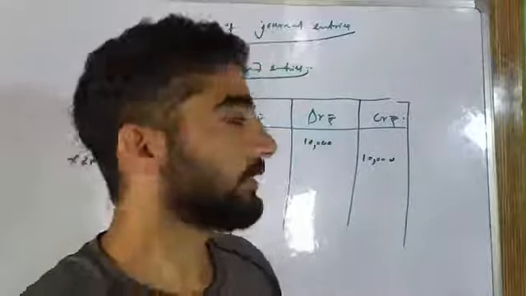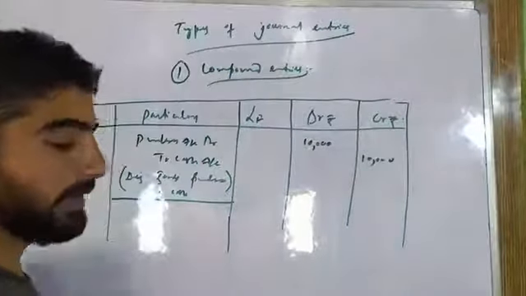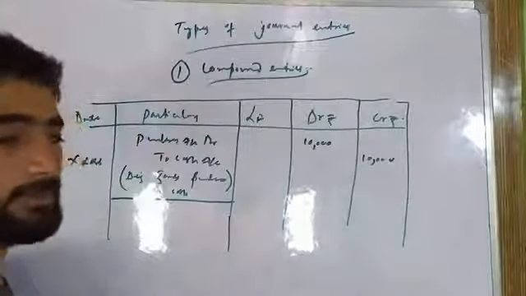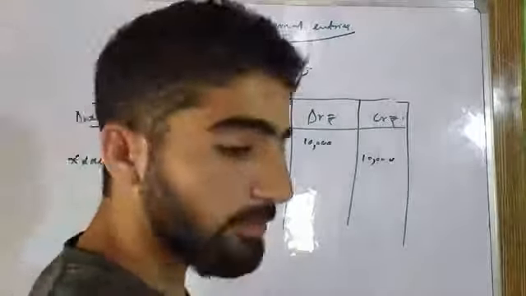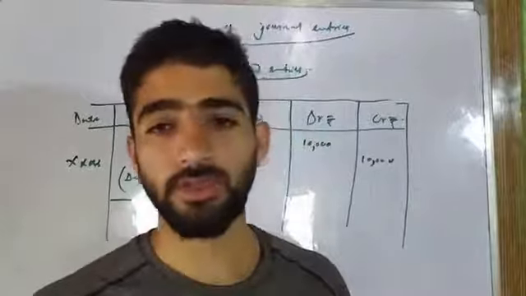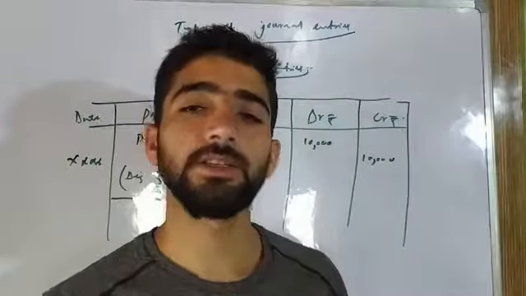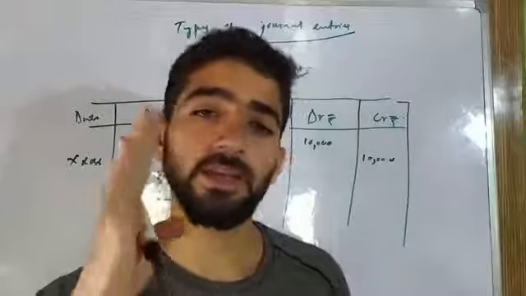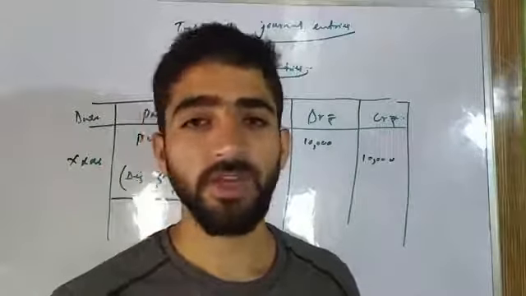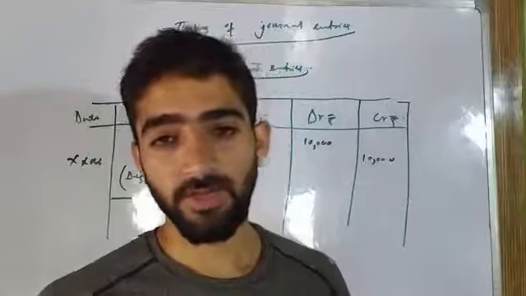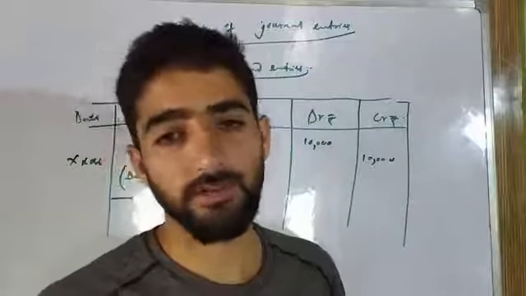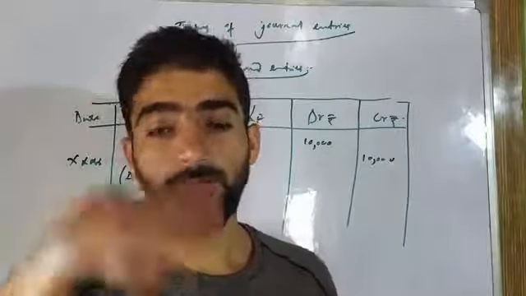Now, when do these transactions happen usually? Compound entries are used for those transactions which are of similar nature and happen at the same time. We know that in a journal, we record transactions chronologically on the basis of time.